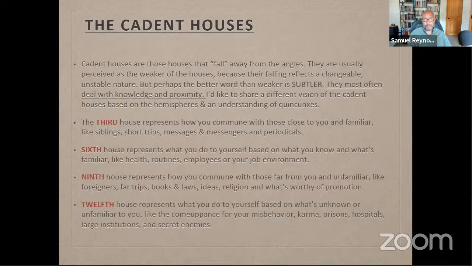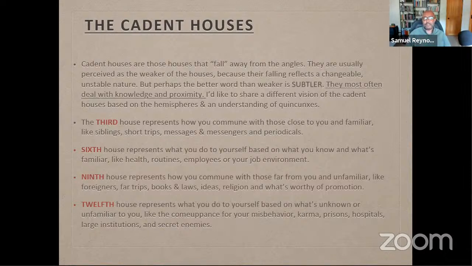The ninth house represents how you commune with those far from you and unfamiliar, like foreigners, far trips, books and laws, ideas, religion, what's worthy of promotion, in terms of sharing with others. College, higher education, is also under the ninth house.